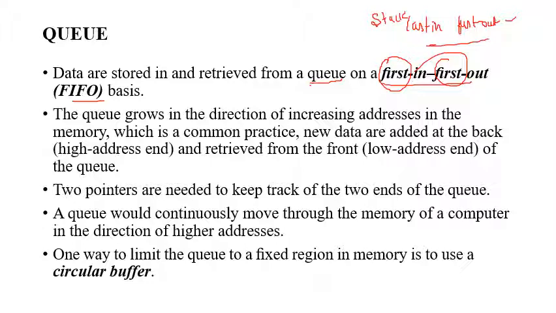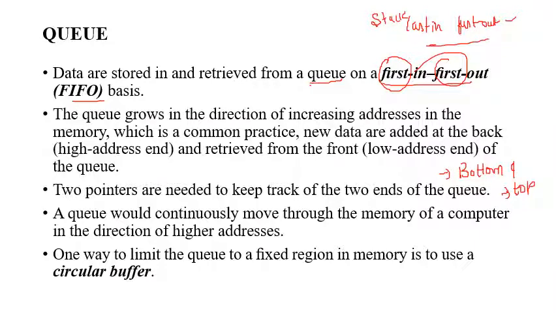In order to keep track of the queue, we need two pointers. We cannot have a single pointer as in the case of the stack, where the stack pointer alone can manage the entire range of the stack. Here in the case of queue, you need to have pointers at the bottom of the queue as well as the top of the queue.